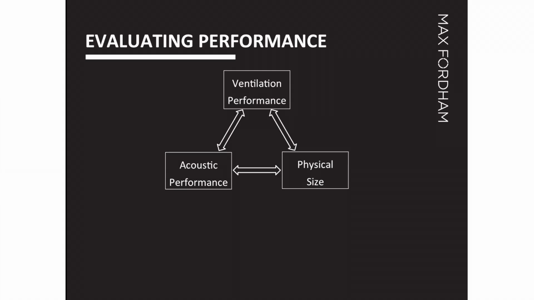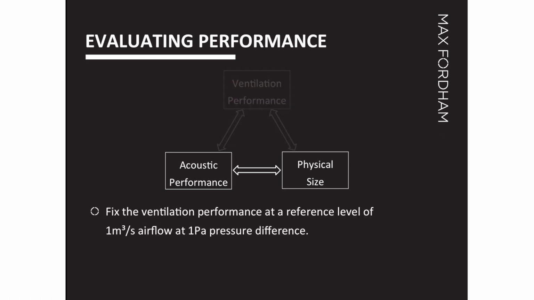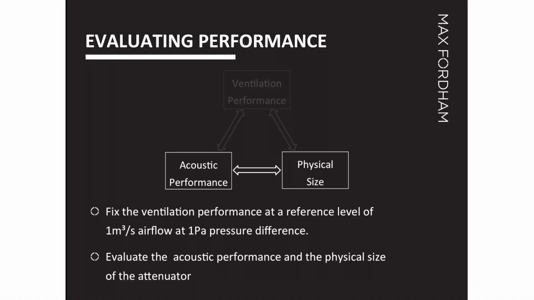So what I'm going to provide in the next slide is data that compares the performance of the different ventilators at a reference level of 1 cubic meter per second and 1 Pascal pressure difference. And then I evaluate the acoustic performance and the physical size of the attenuator. So I fix the ventilation, and then I look at, for the different types of attenuators, what is the acoustic performance and the physical size of that attenuator.